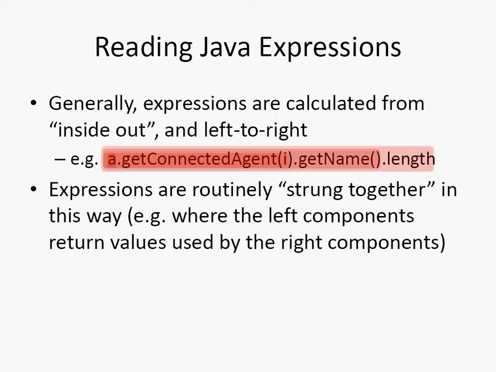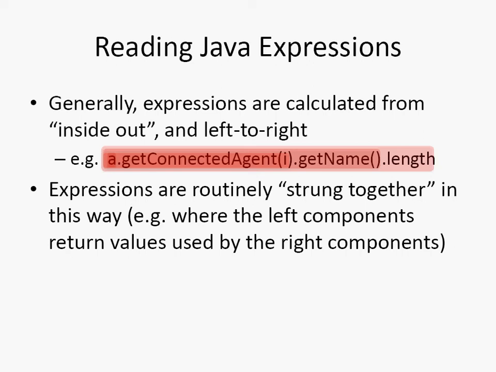It's good practice to break this up into pieces. So you might say, for example, person mother equals a dot get connected agent of I, and then you say mother dot get name dot length to refer to that mother's, and it makes it clear. Oh, you're getting their mother. That's what you're getting.